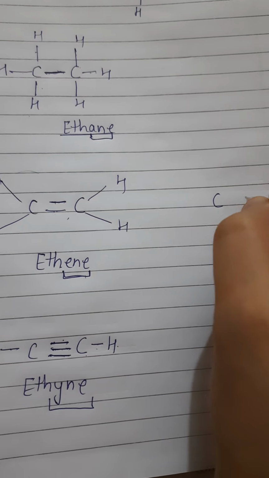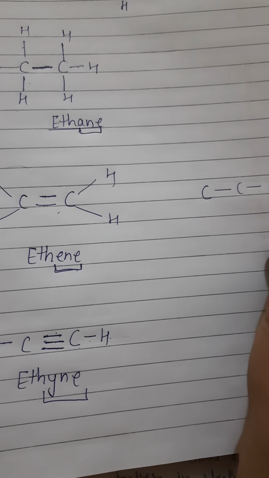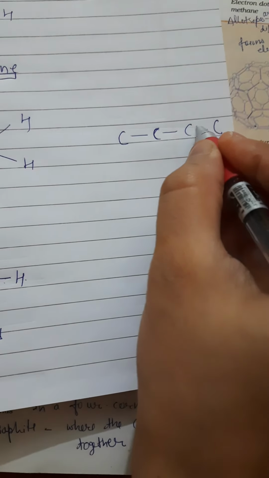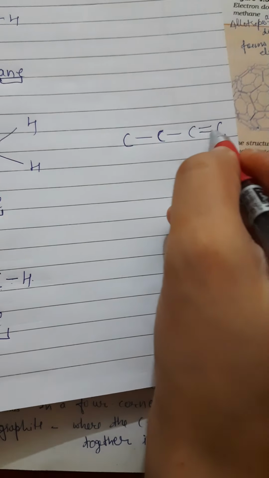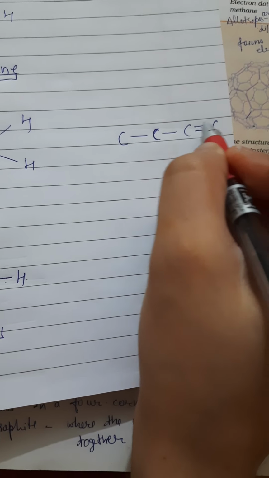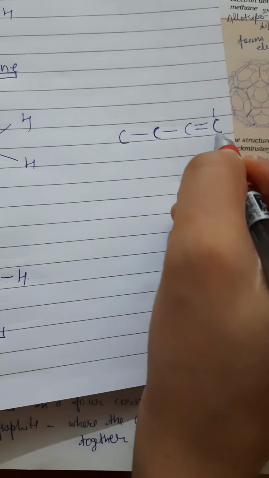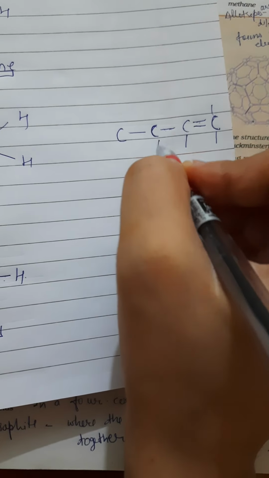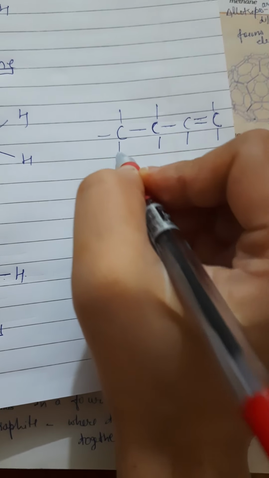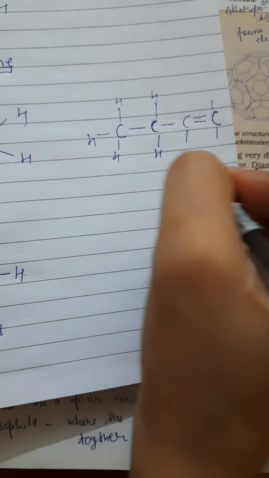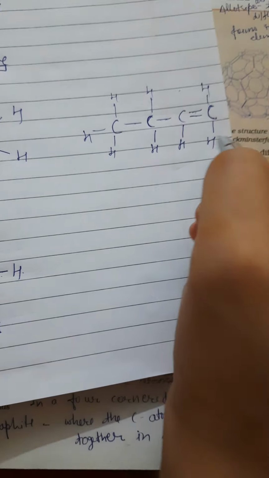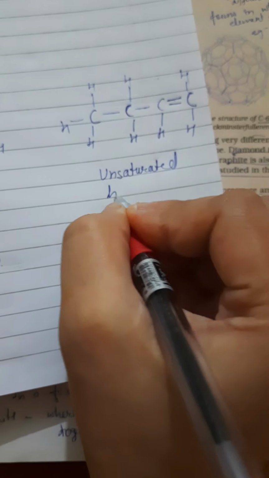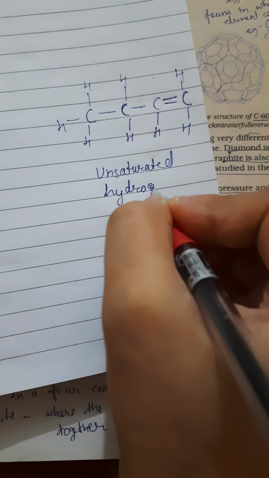For example, taking a compound in which 4 carbons are linked, I am writing a double bond here. Each carbon makes 4 bonds, the rest being hydrogens. Now a double bond is there, it means it is an unsaturated hydrocarbon.